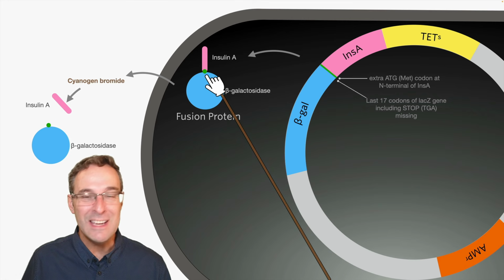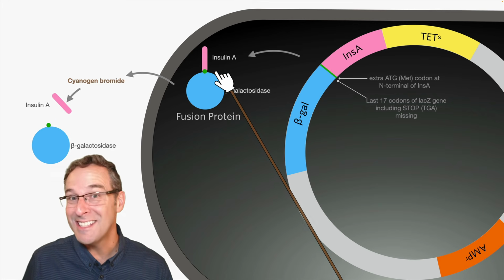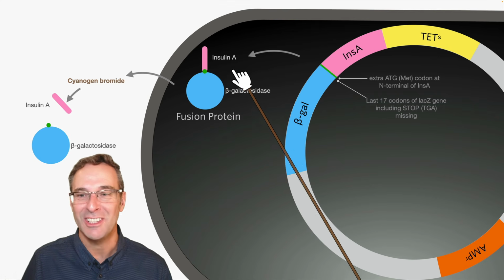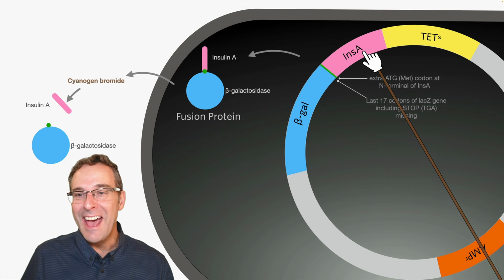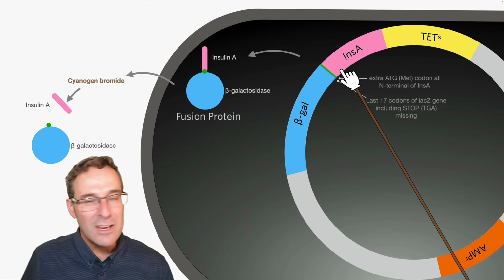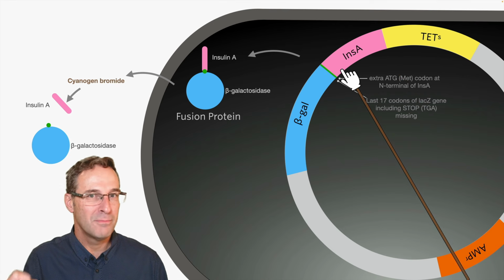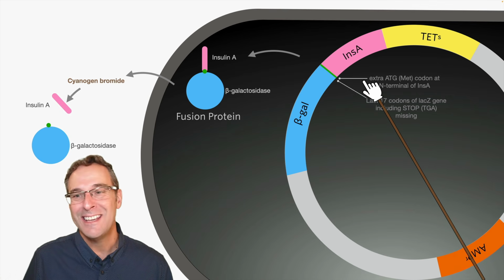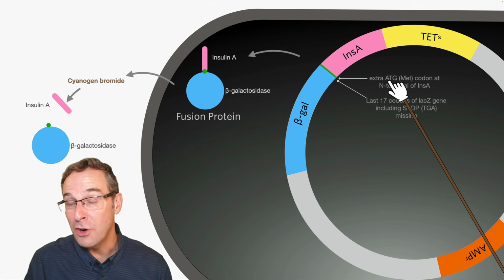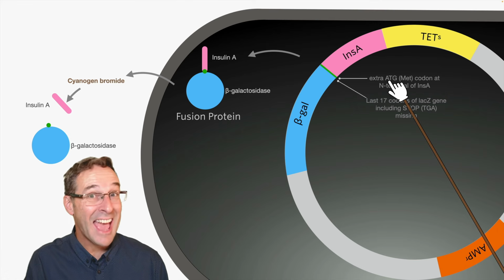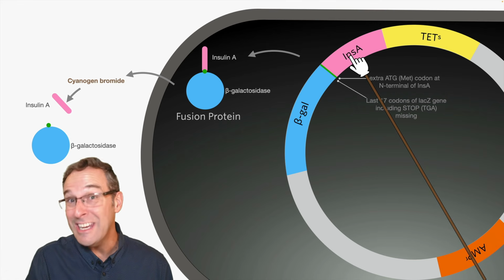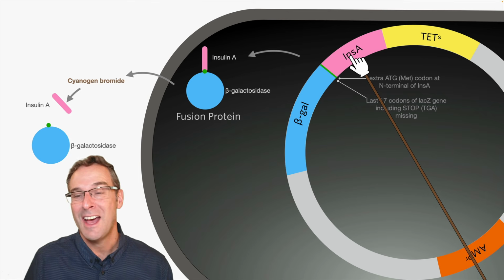But what's this green dot here? Well, that's the last thing that I want to point out here, or second to last actually, and that is that at the amino end of the amino acid chain, that is the N-terminal, there's an extra codon for methionine that's added when the insulin A gene is being synthesized.